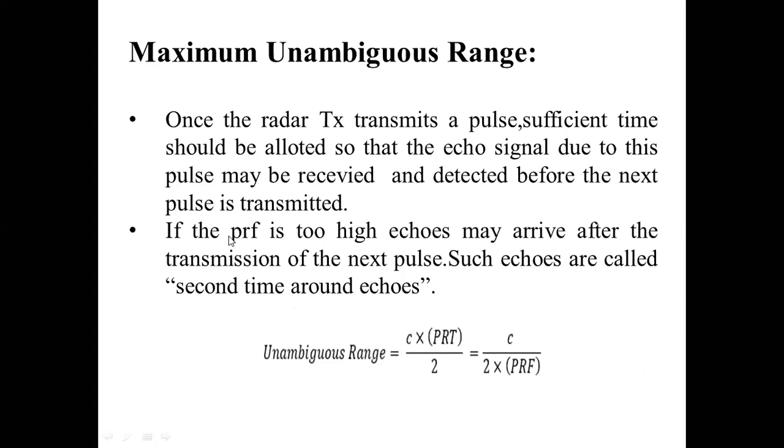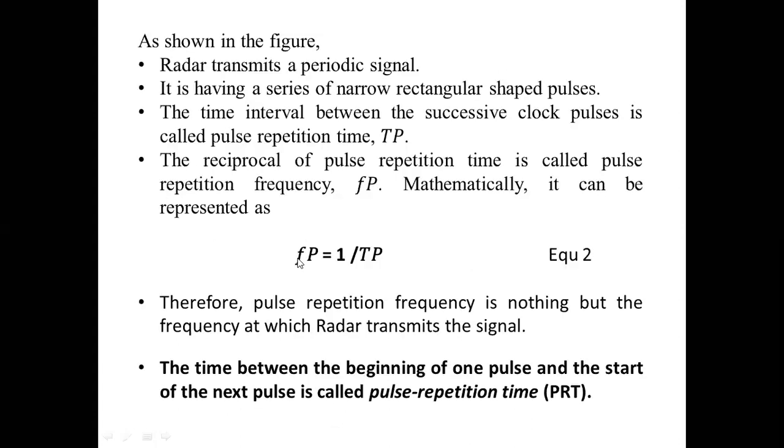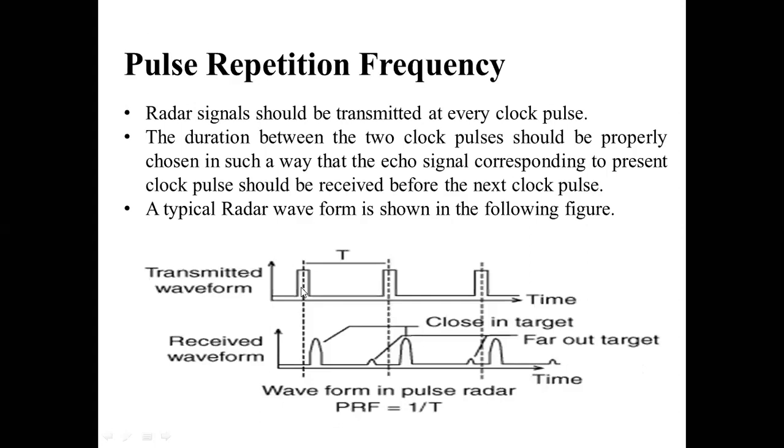Next, unambiguous range. You already know the meaning of ambiguity. Ambiguity is nothing but a little bit of confusion. So why are we getting the confusion here? Here we are transmitting one pulse, and this overall duration from this point to this point we can call the pulse repetition time.